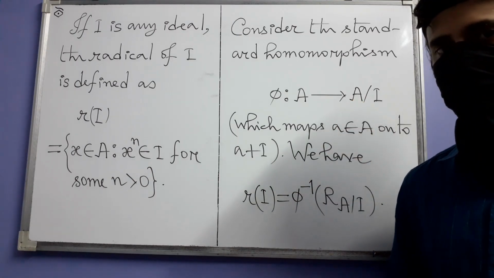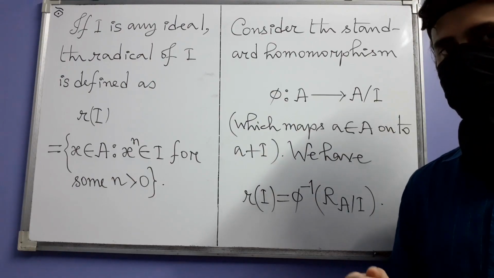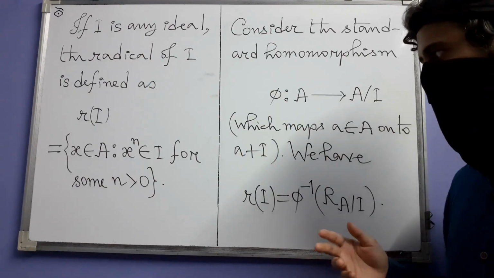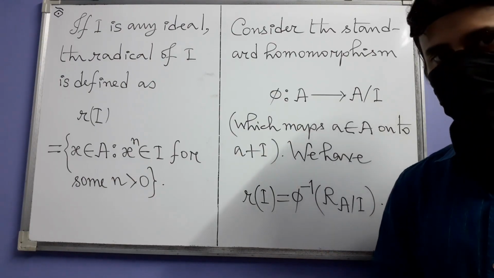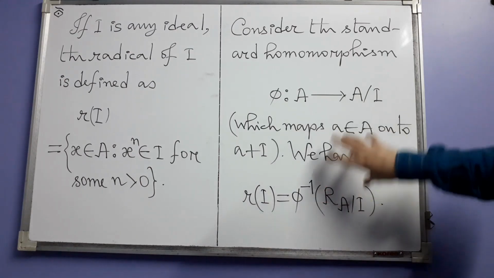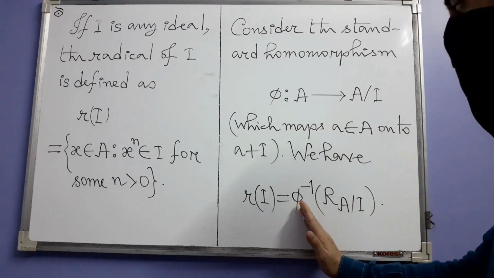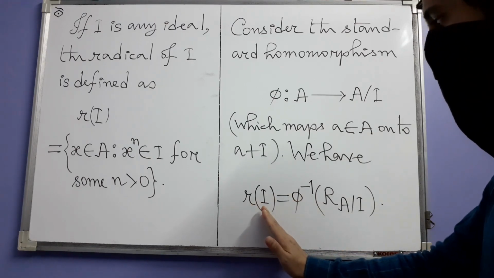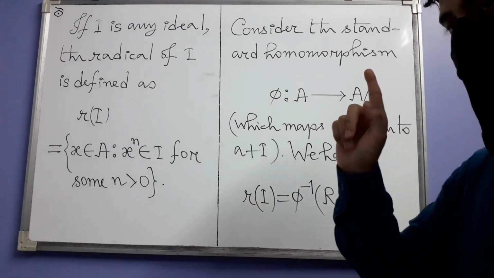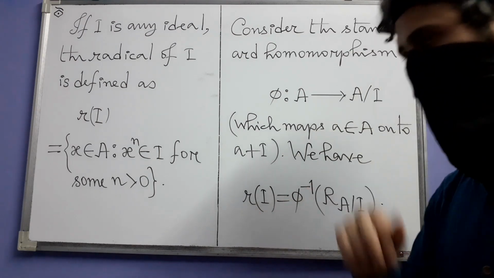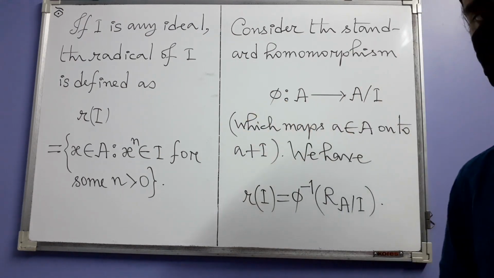In any ring actually, the set of all nilpotent elements is an ideal. It is called the nilradical. So this is an ideal here, and you are considering its inverse image, and it turns out that this is equal to this. So by the correspondence theorem, this should also be an ideal in A.